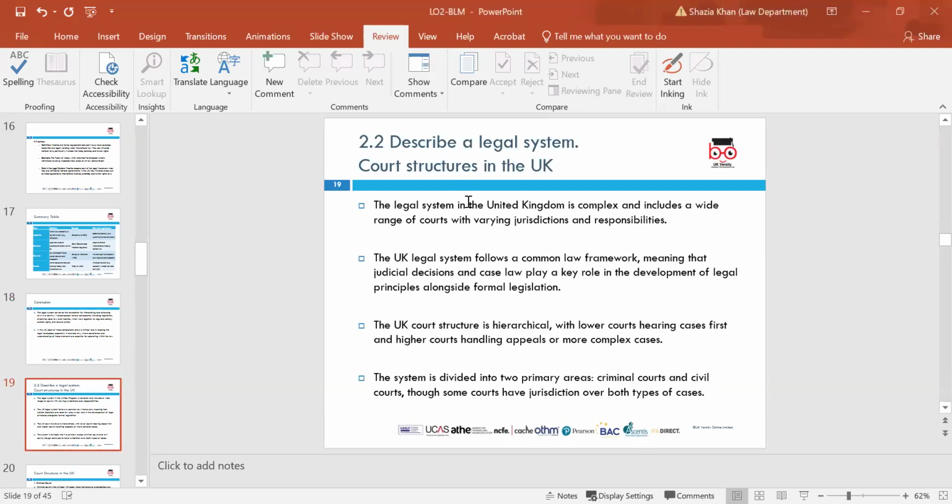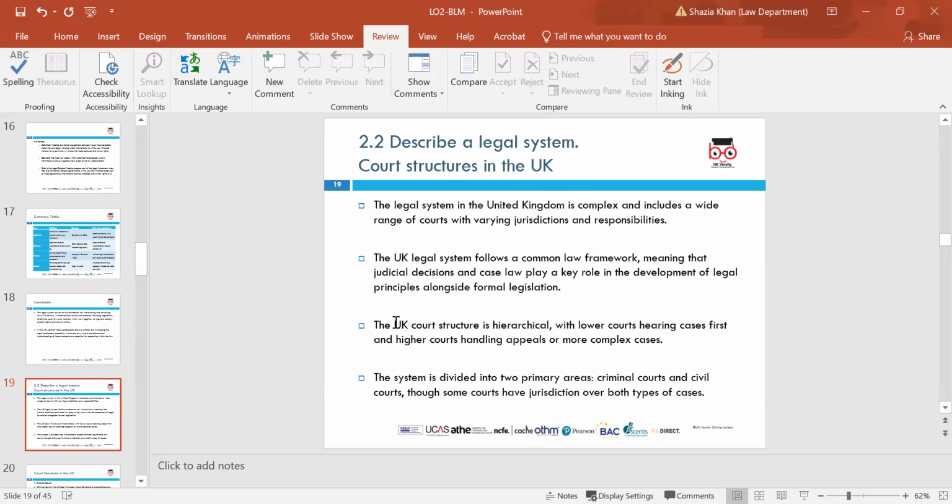Now we're going to look at 2.2, which is to describe the legal court structures in the UK. The court system in the UK has five levels: the Supreme Court, Court of Appeal, High Court, Crown Court, and county courts, magistrates' courts and tribunals.